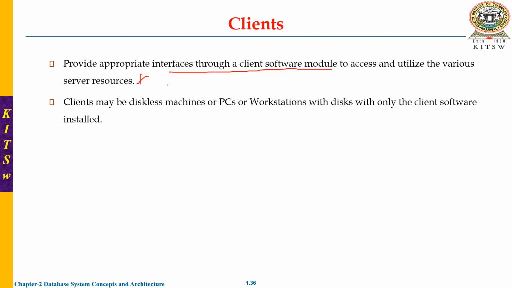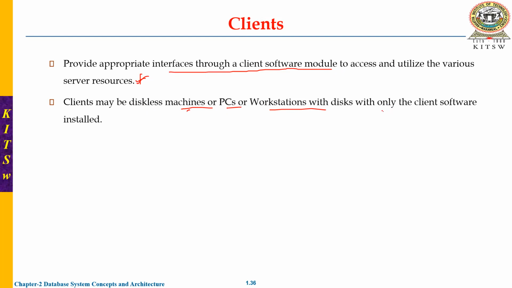Whatever you are using, like in our case the CMS and course web page, these are client software which you are accessing. Clients may be diskless machines, PCs, or workstations.